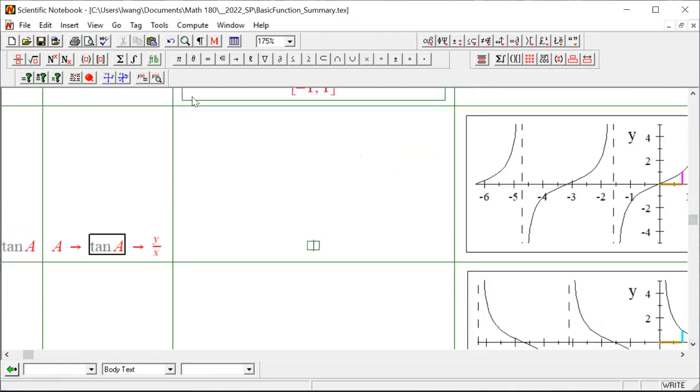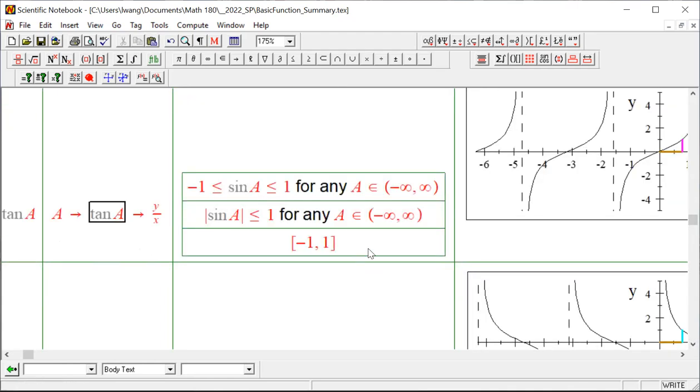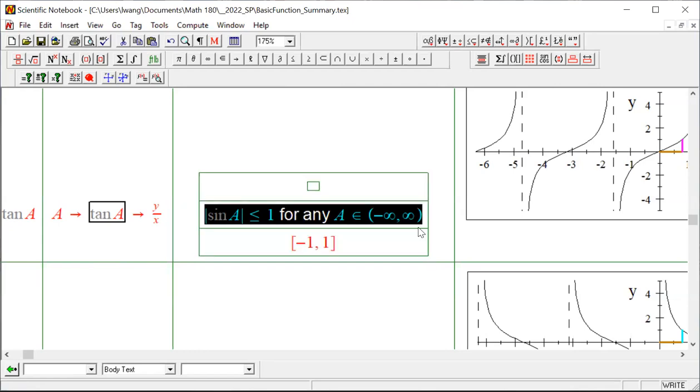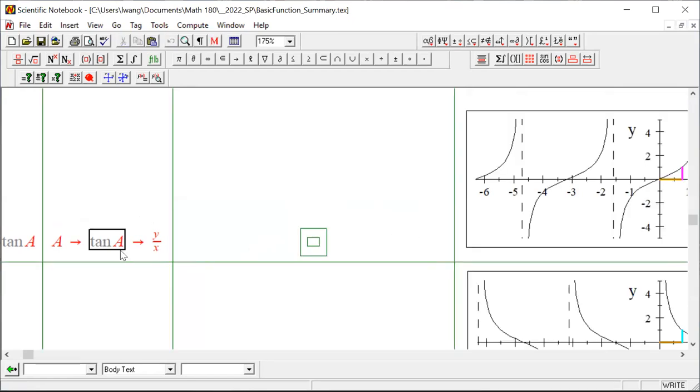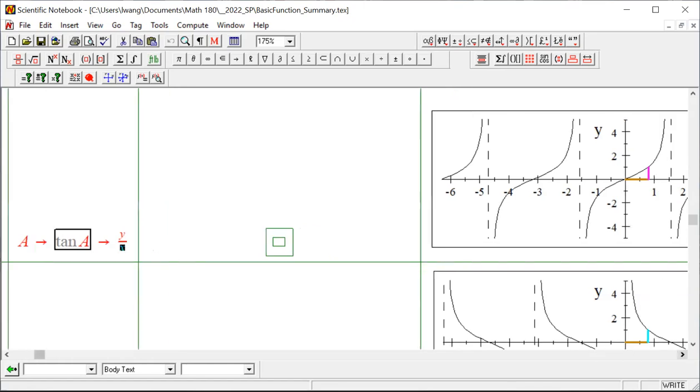Tangent, domain and range. The domain is determined by the denominator, which cannot be 0. So x cannot be 0.